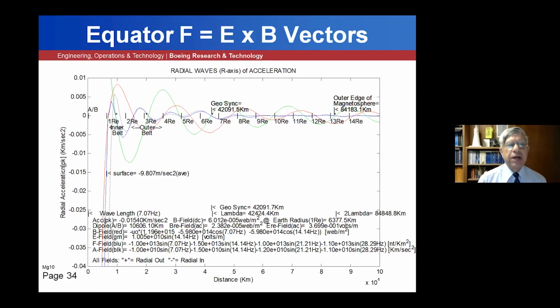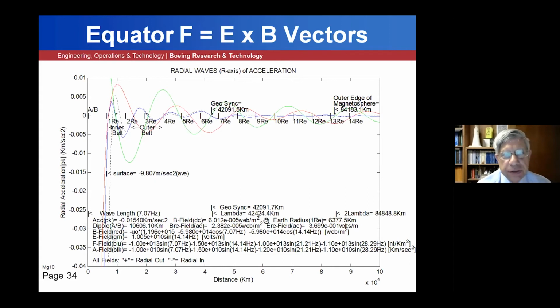So now we go back to the part one chart there. The black dotted line is the original data from chart one, or from the first part. The green is the second harmonic electrical field superimposed on it.